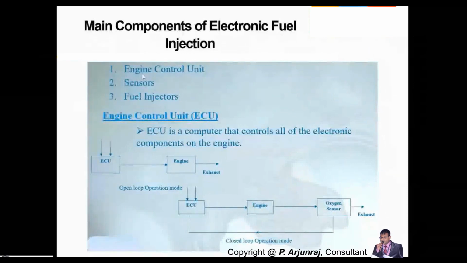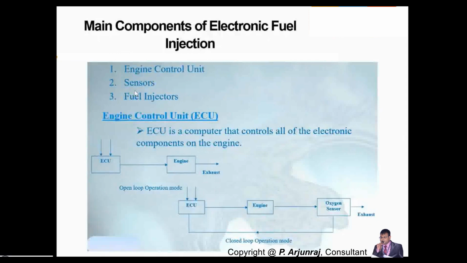And you have sensors. We have seen sensors like the oxygen sensor, and in the case of the throttle valve, we have the intake throttle position sensor as well, which senses the quantity of air that is going to enter the system, and the percentage of throttle valve opening changes accordingly.